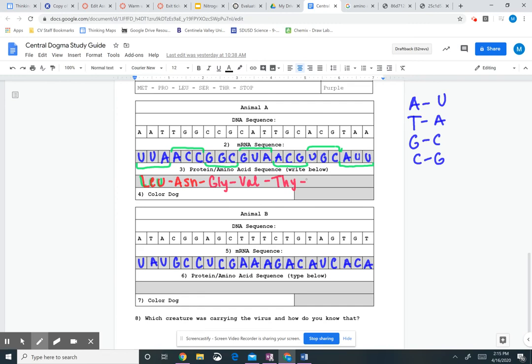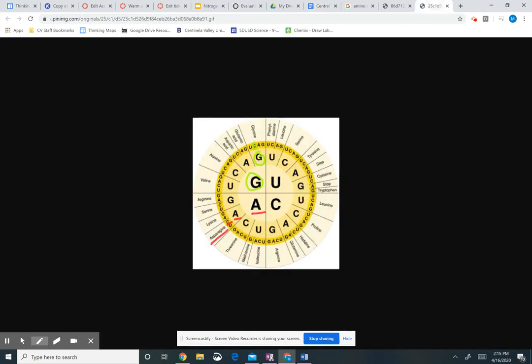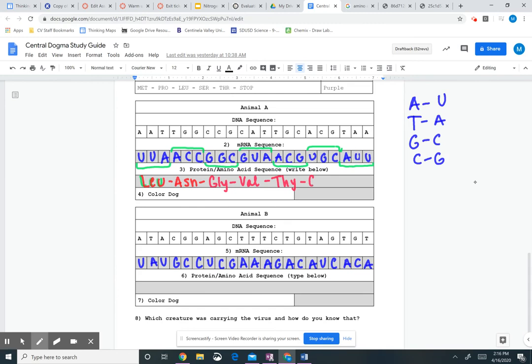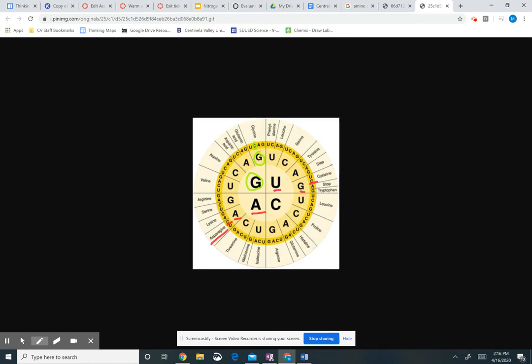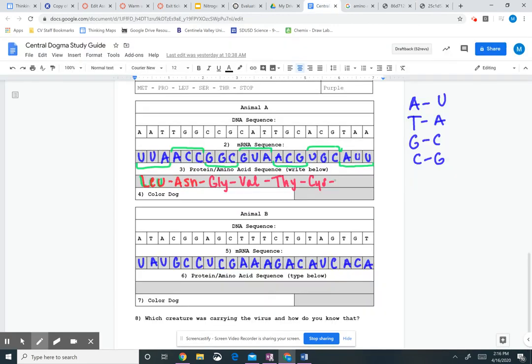Then UGC, UGC, cysteine, and AUU. AUU is isoleucine. So that's going to be the letters on here.